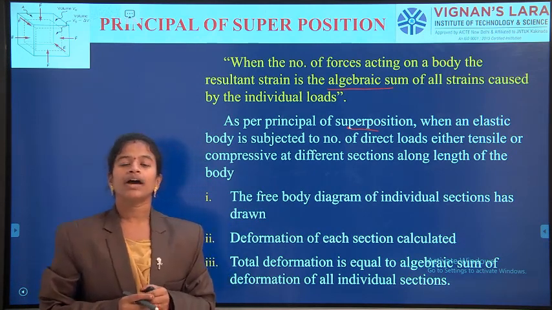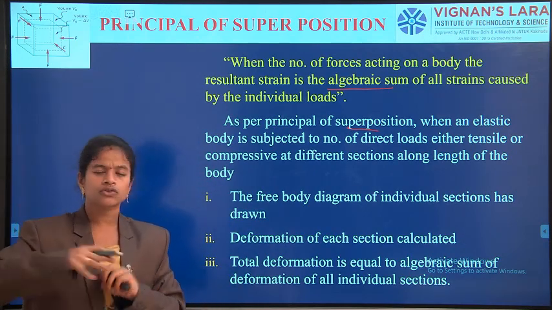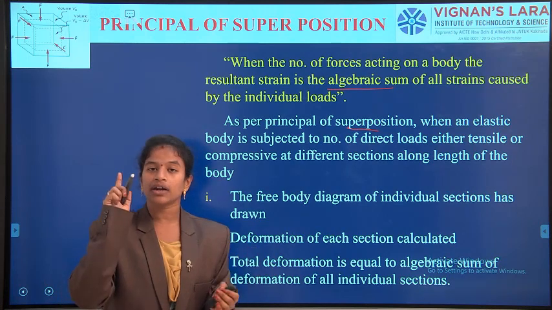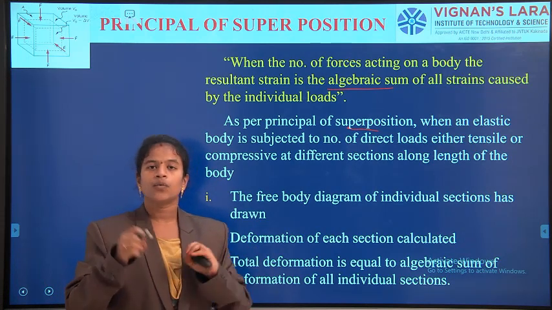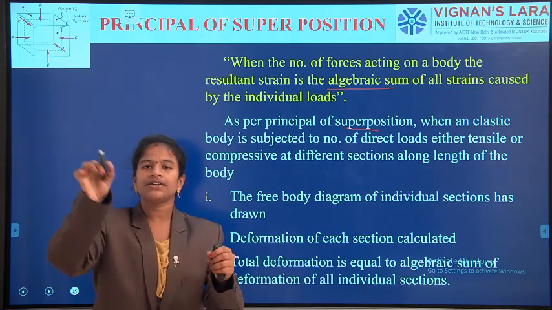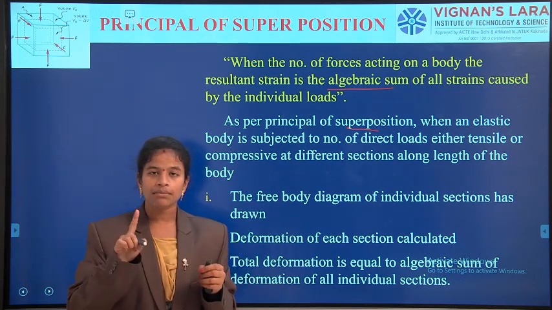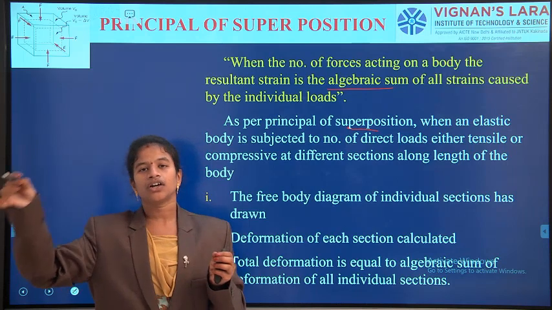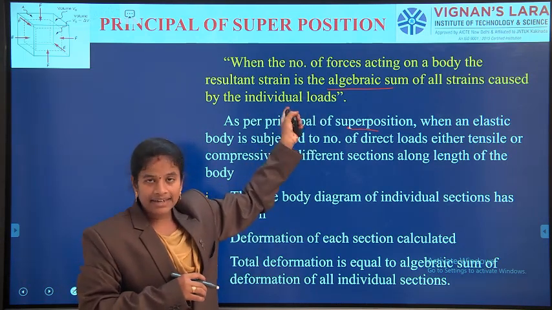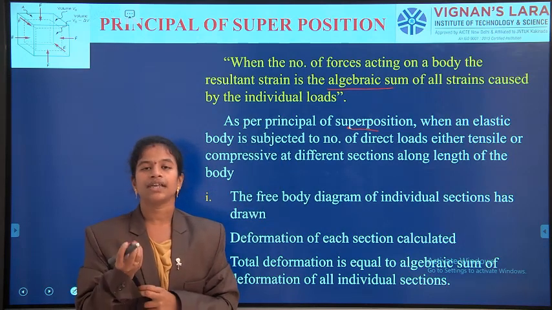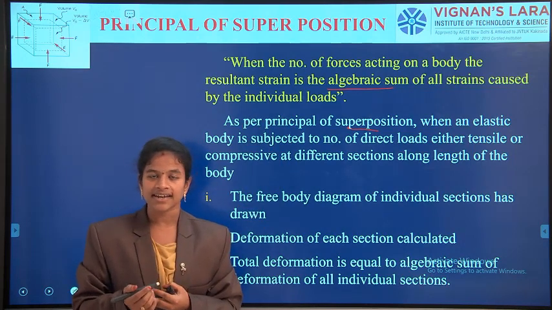So, when many loads are acting on a single body, not like the previous condition of a single load, we have so many loads at different points. A bar member has different loads acting, and they will produce different stresses and strains, right?